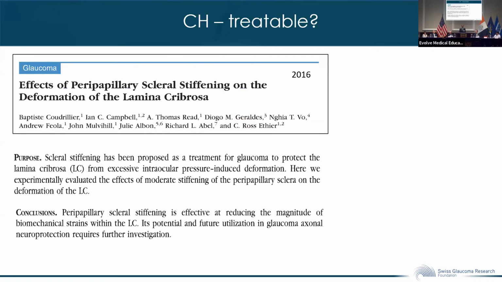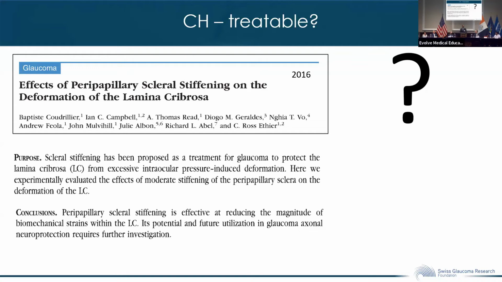Can we do something about hysteresis to prevent glaucoma from progressing? Well, maybe. We know very little for now. This study from 2016, in an experimental setting, tried to increase rigidity, increase stiffening of the sclera, and by doing so, stabilize eyes from progression.